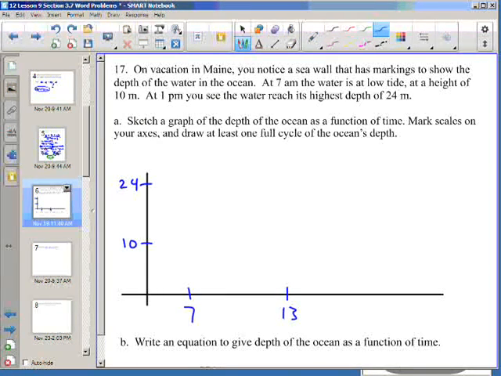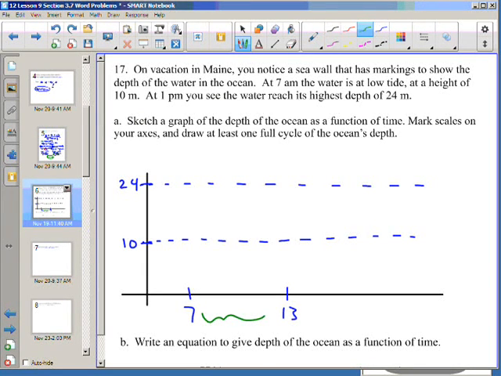And what we have is some kind of a tide measurement that does not go below 10 or above 24. And the total time here for lowest to highest looks like it's 6 hours. So if we go another 6 hours here, we're up here at 19.